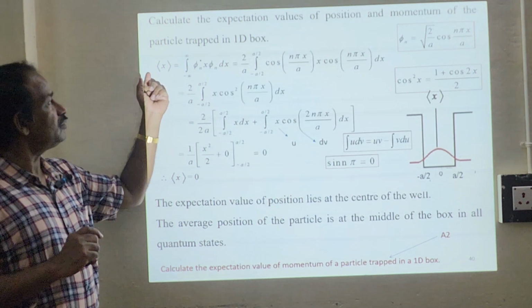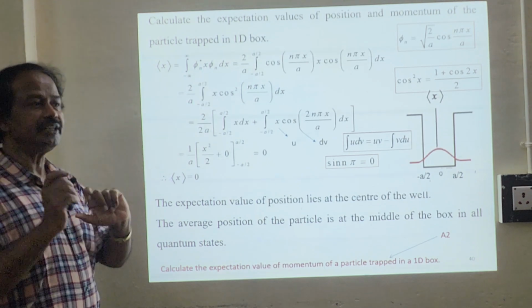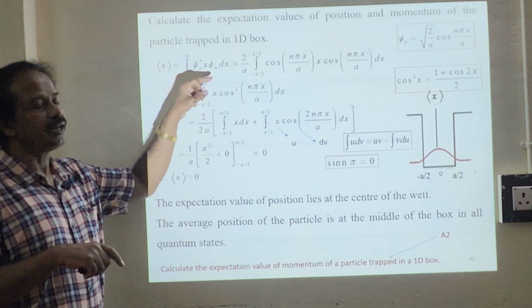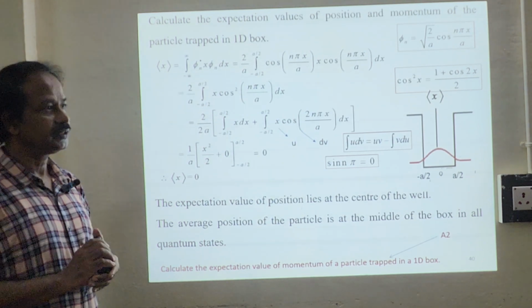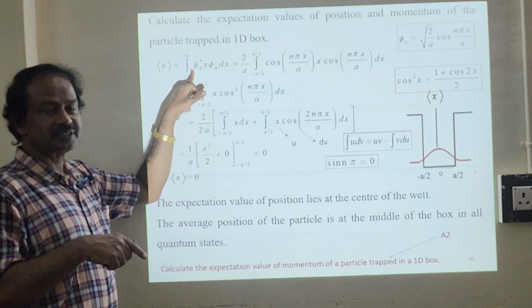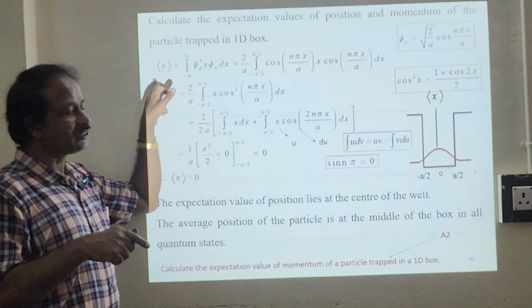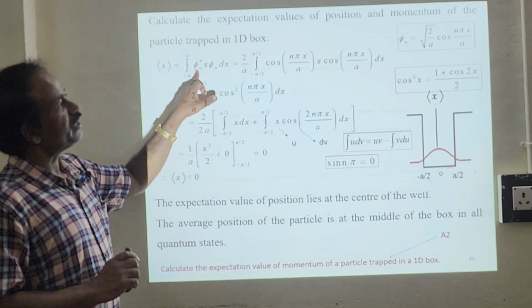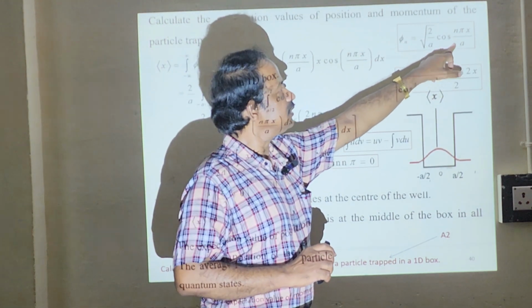The expectation value is given by x sandwiched between the complex conjugate wave function and the wave function. That is, x operates on phi, multiplied by its complex conjugate, and we integrate it; that will give you your expectation value. Now, what is phi n? Phi n is given by this expression.